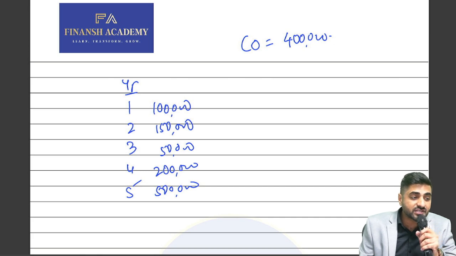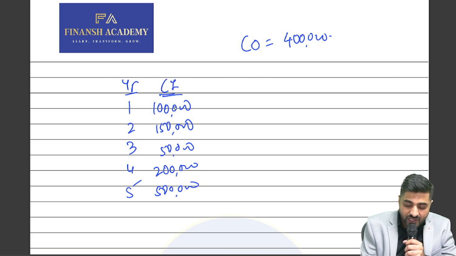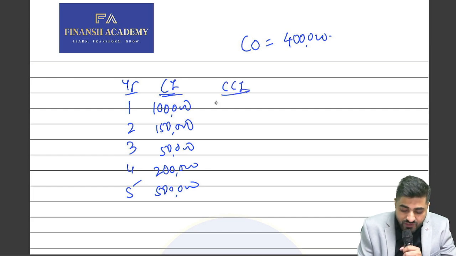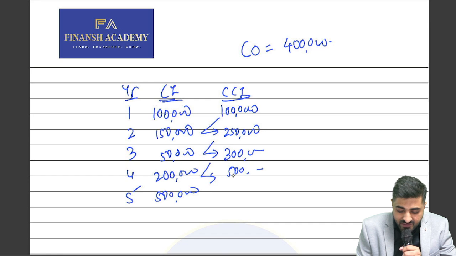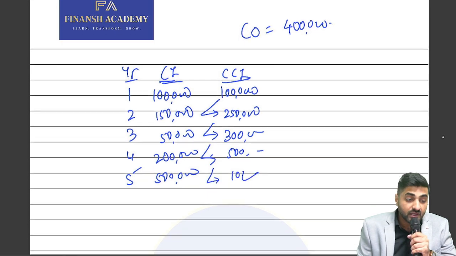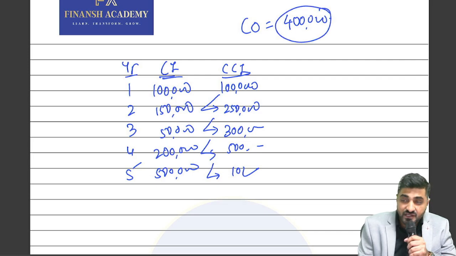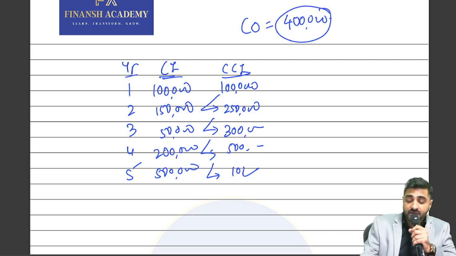So my first question to you is, can I say the cash inflow is 1 lakh rupees here? Now can I say the cumulative cash inflows here will be what? 1 lakh. And this will now be what? 2 lakh 50. This will be what? 3 lakhs. This will be what? 5 lakhs. This will be what? 10 lakhs. Can you all please tell me this 4 lakhs is now recovered between which and which year, beta?